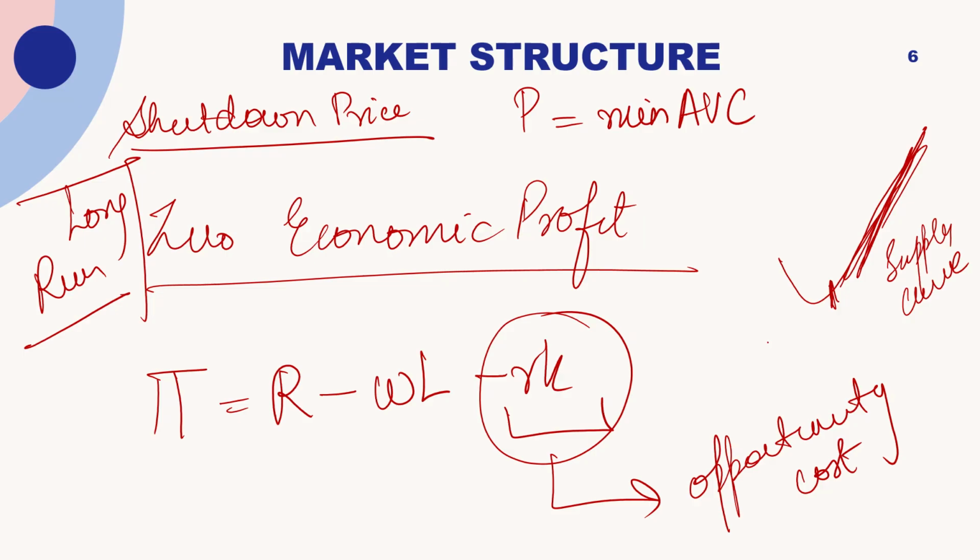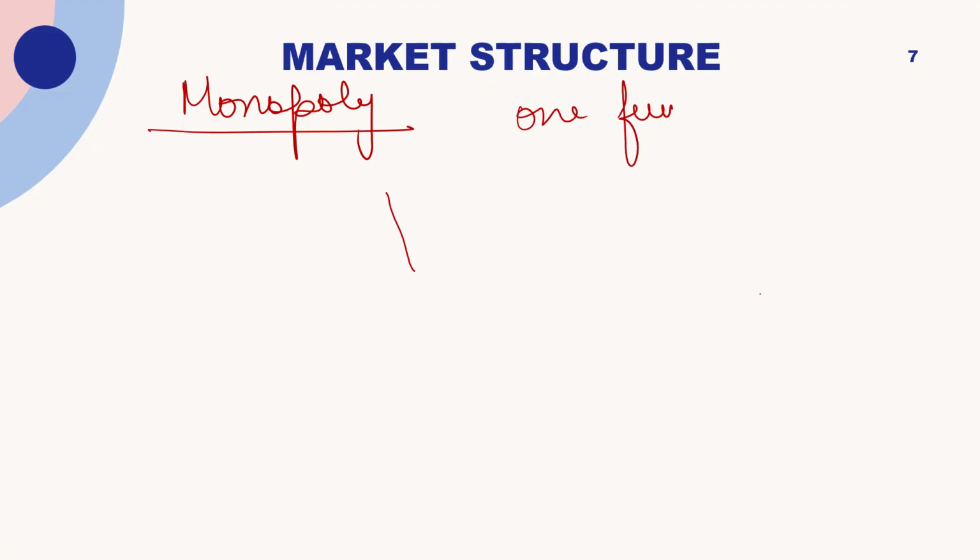So now let's start with monopoly. In the monopoly market, we have only one firm, and that decides the price. The price maker is the seller and the price taker is the buyer.